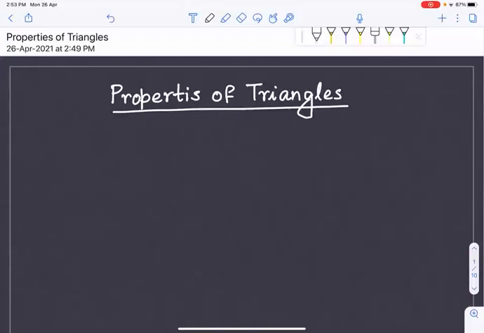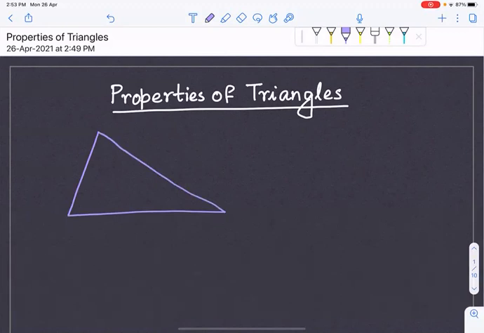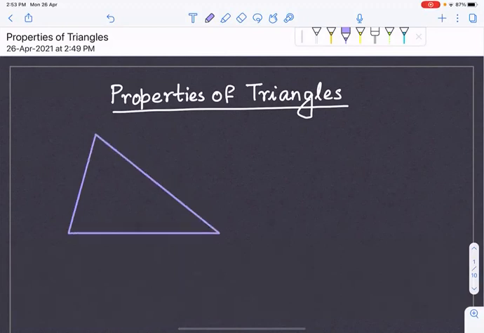So today we are going to learn about this chapter, properties of triangle. Properties of triangle means in any triangle, like if I draw a triangle like this, say triangle ABC, we are using these capital letters A, B, and C to denote these angles.